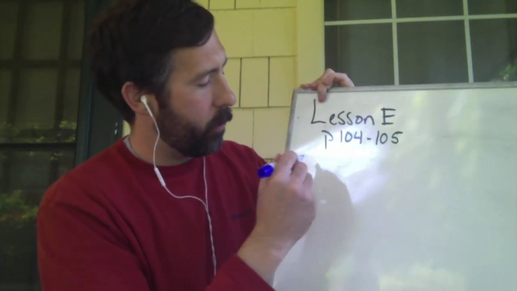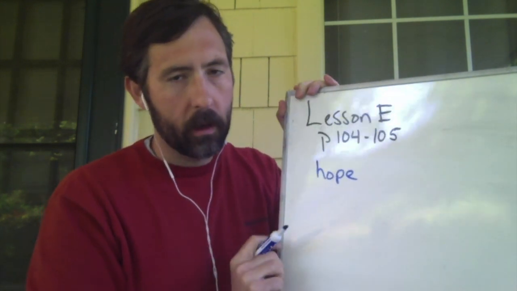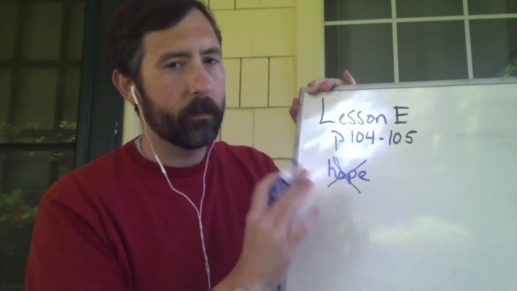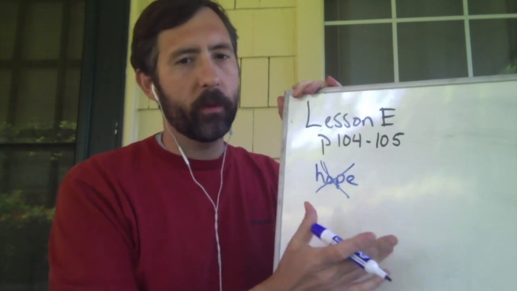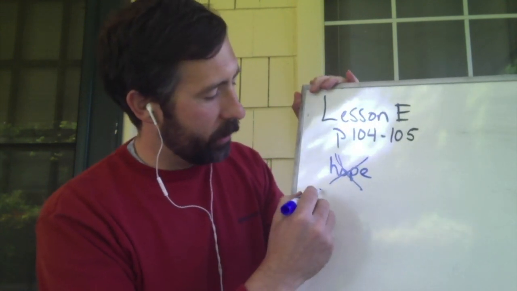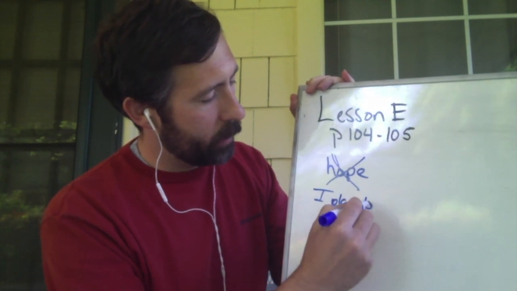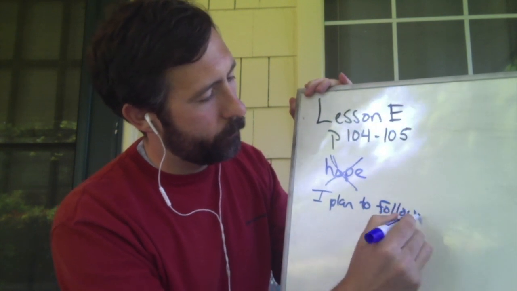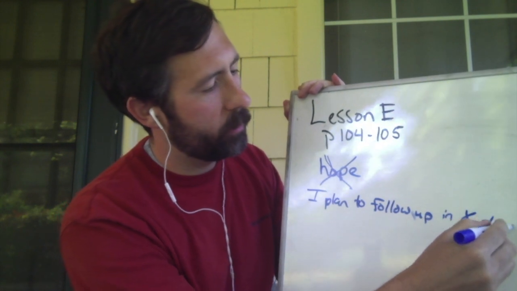And so instead of hope, instead of that sentence, maybe in a time where we're going through a lot, I don't want to be flippant with the word hope, but in this case, hope not good. What we want to say maybe is, I plan to follow up in X days.